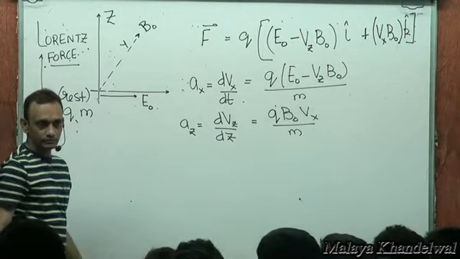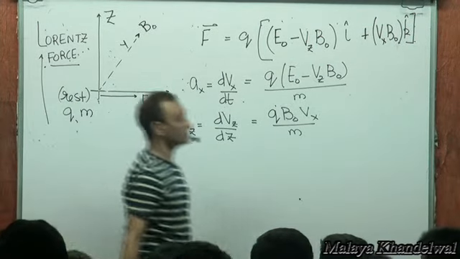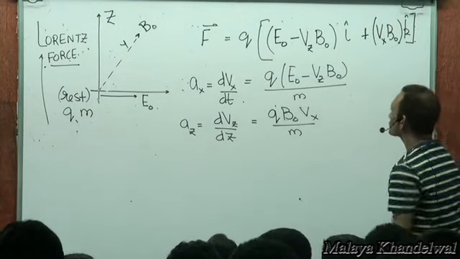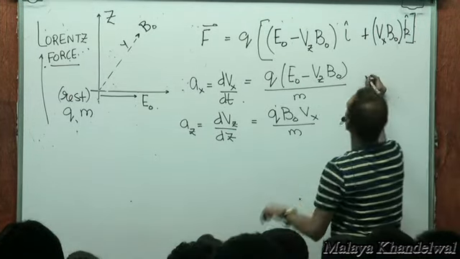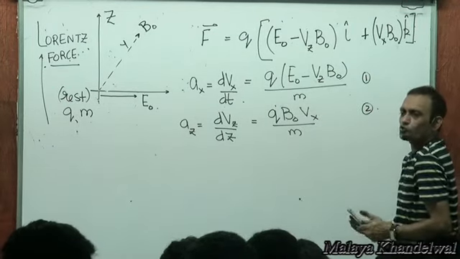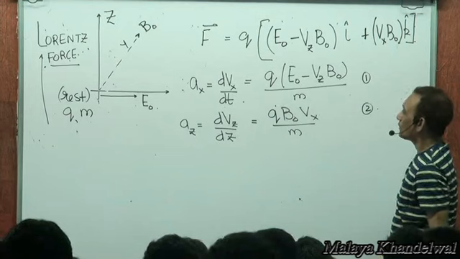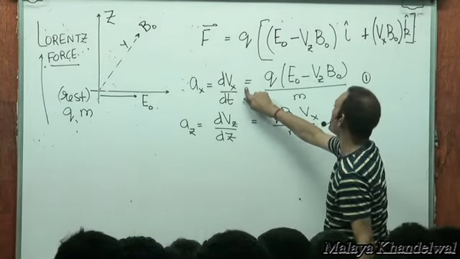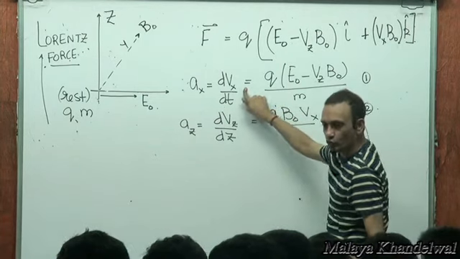How about it? Now, what I do is, this is equation 1, this is equation 2. Two unknowns, Vx and Vz. Let me differentiate equation 1 one more time with respect to time.